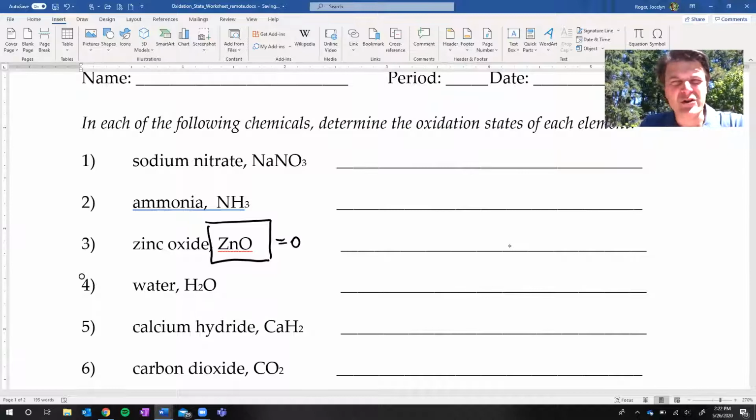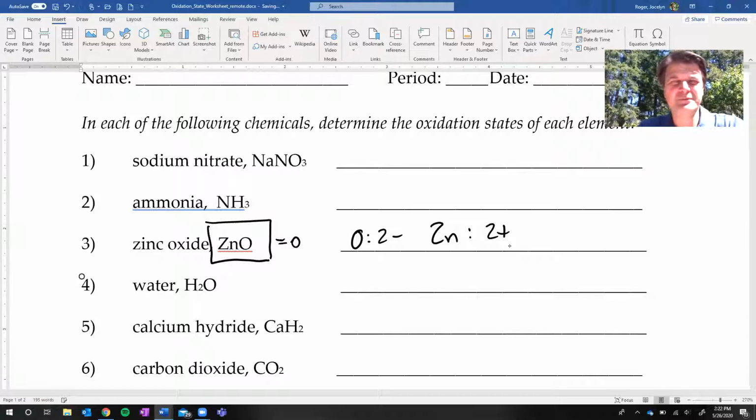They have to add up to 0. One of the rules is that oxygen is always 2-, unless it's a peroxide, right? This is not zinc peroxide. So the oxygen we know is 2-. Since zinc oxide has to be 0 and the oxygen is 2-, the zinc has to be 2+. That's it.